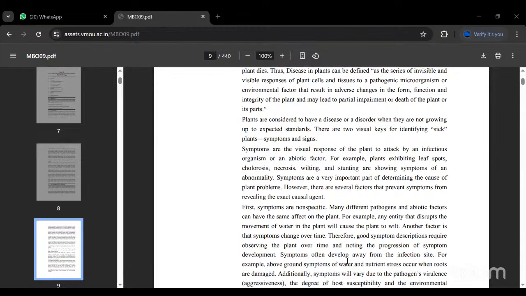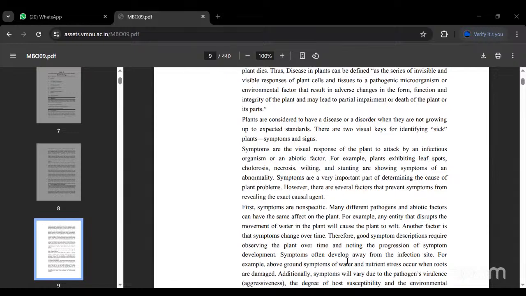They are the response of the plants to attack by infectious organisms or abiotic factors. For example, plants exhibiting leaf spot, chlorosis, necrosis, wilting, and stunting are showing symptoms of an abnormality.